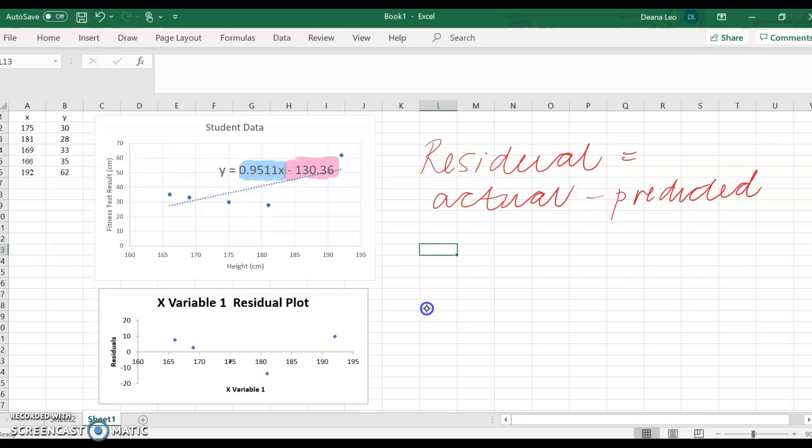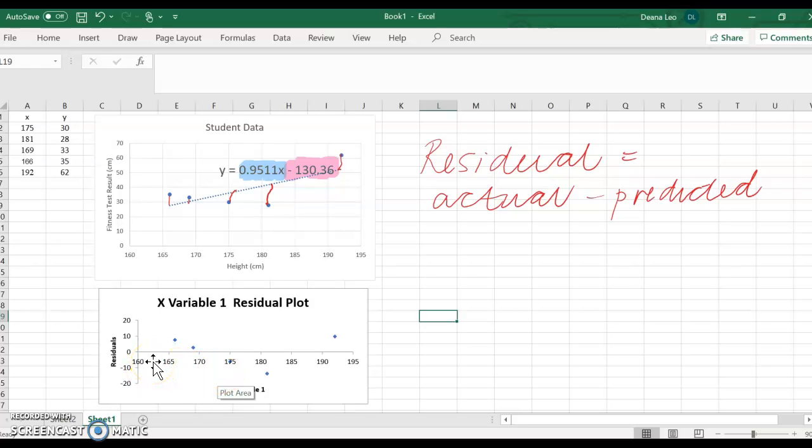Okay, so just a reminder that our residual is the distance between each dot and the line of best fit. All of these little distances are called the residual distances. So down here we're going to make a table to describe it, because that's what this is doing.